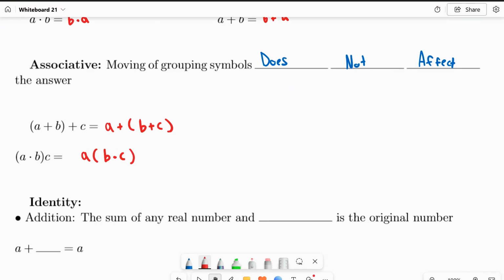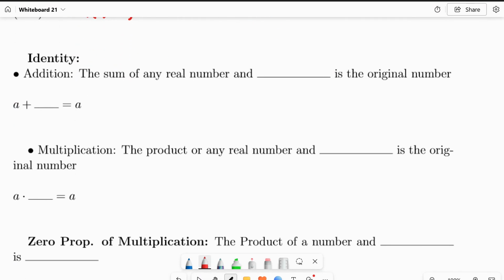All right, the next property that we have is the identity property. We have an identity property of addition and multiplication. They are a little different for both. So the identity property of addition says that the sum of any real number and 0 is the original number. So if I took any number, A plus 0, I'm just going to get A. With real numbers, that would be like taking 2 plus 0, which is just going to give you 2.